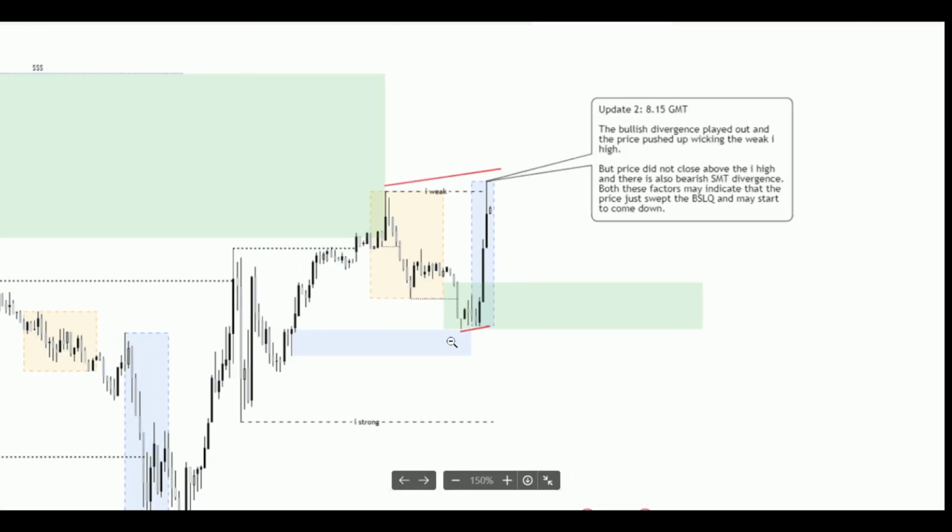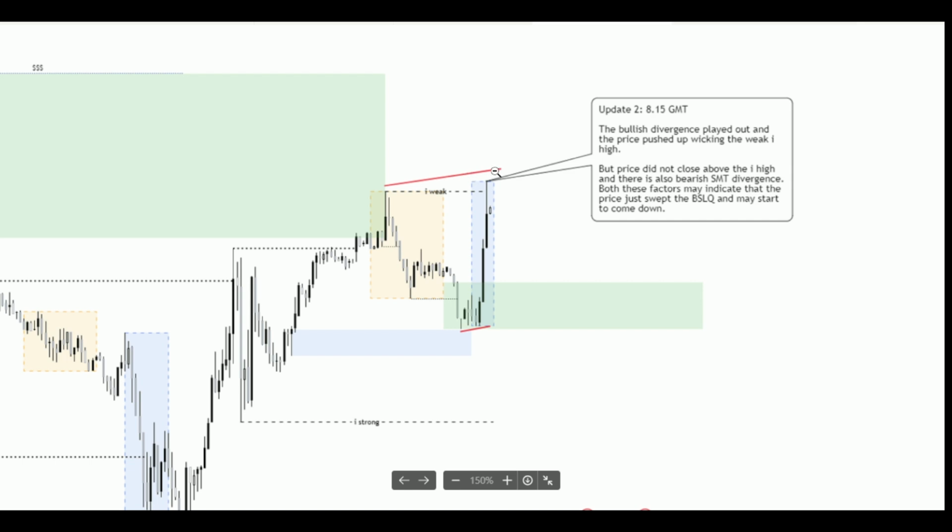This bullish divergence played out and the price took out the internal weak high. But for fractal structures, I only need to see wicks. For internal and swing, I would love to see a body closure above. Here, I didn't see any body closure, so I assumed this to be a liquidity sweep, and also there was a bearish divergence here.